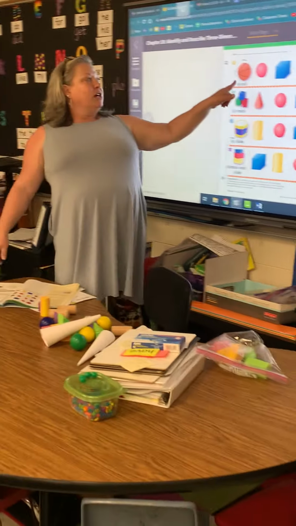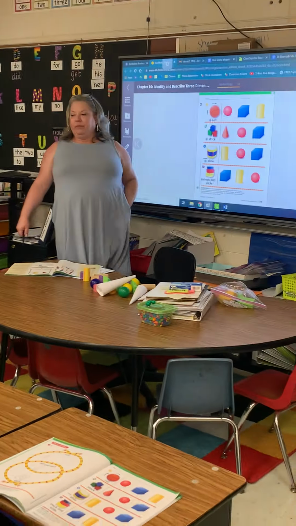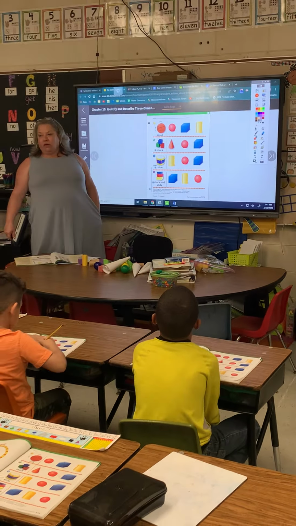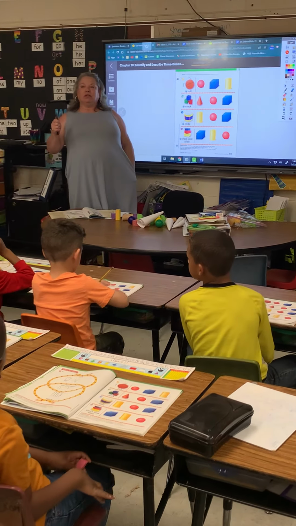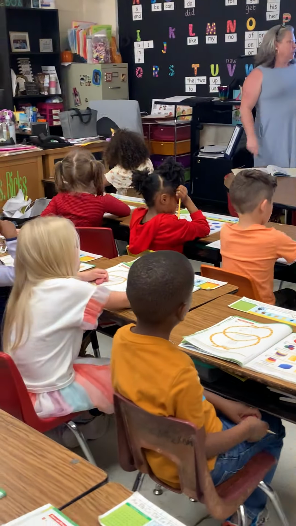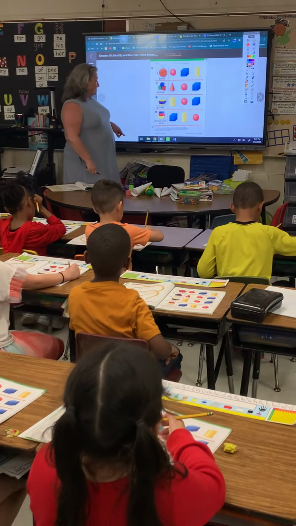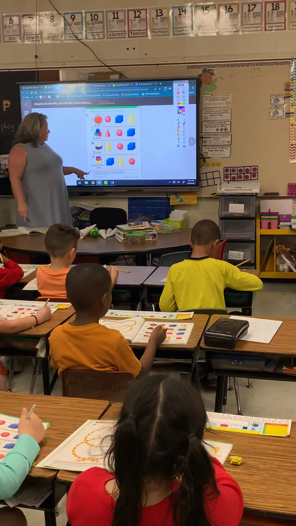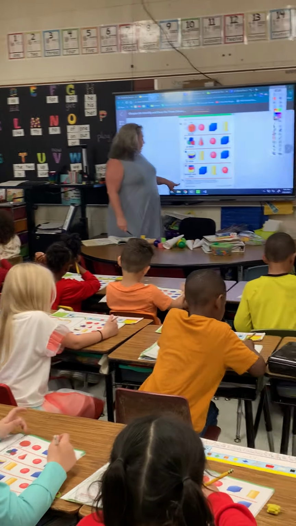So in number 1, which shape does not roll? I'm going to let y'all do it, and then we're going to go back over it, okay? You're supposed to mark that X. Okay, in this row, which one does not?